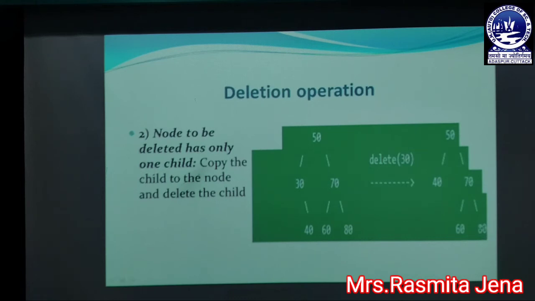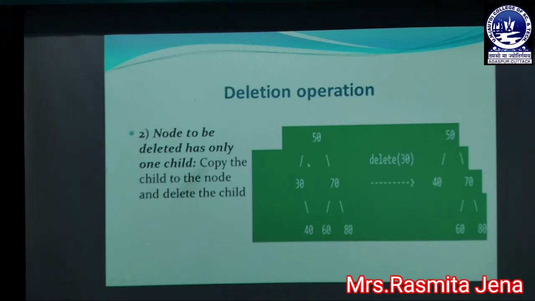After deleting 30 we get our BST like this, and you can see that after deleting 30 it still satisfies the binary search tree property, that is, the node present at the left subtree is lesser than the root node. 40 is lesser than the root node 50, and similarly the right subtree nodes 70, 60 and 80 are greater than the node 50.